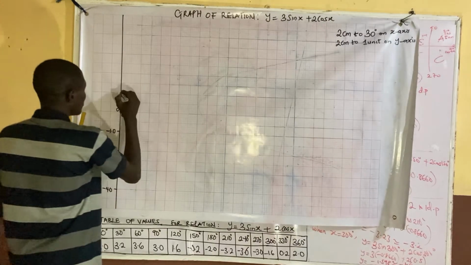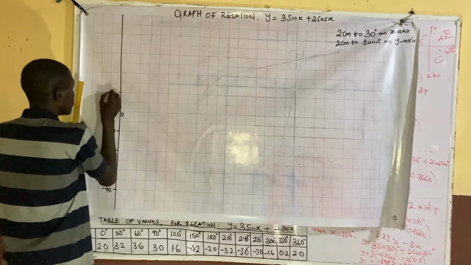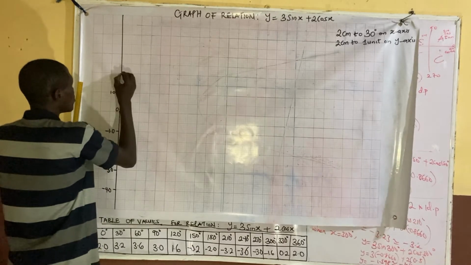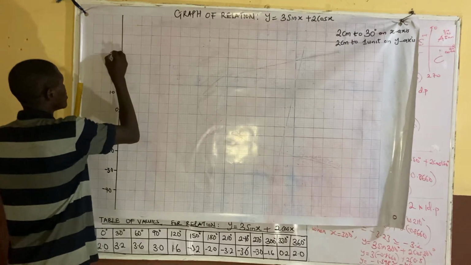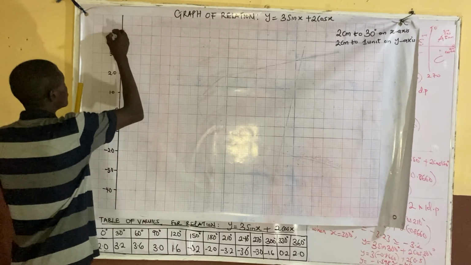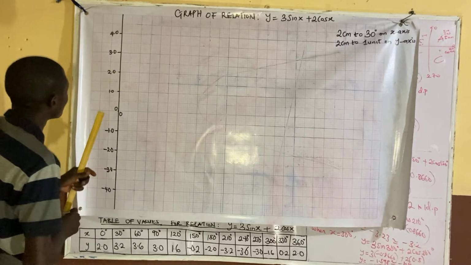On the positive side, we have 1.0, 2.0, 3.0, 4.0. So I can now draw my x-axis.